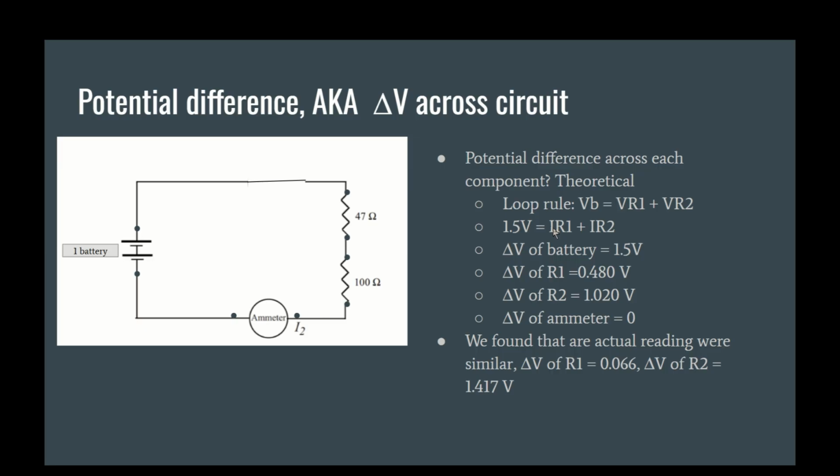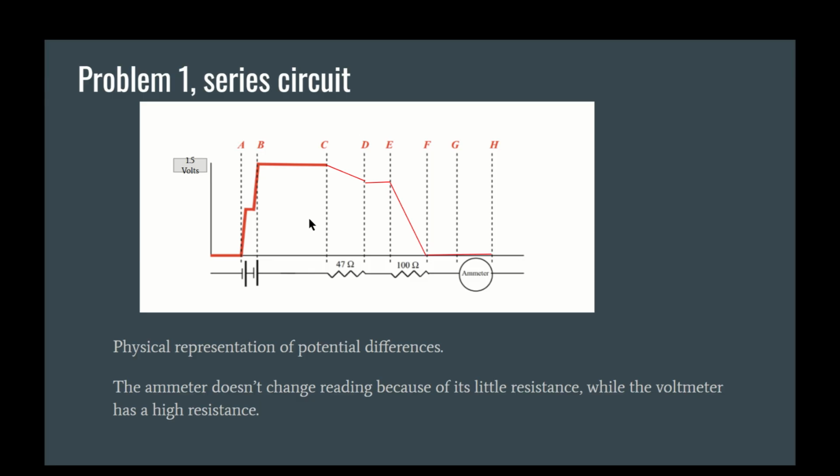We already know the current from the last slide, and hence we got our numbers. Note again, these numbers do add up to 1.5, and we found the actual readings were also incredibly similar.